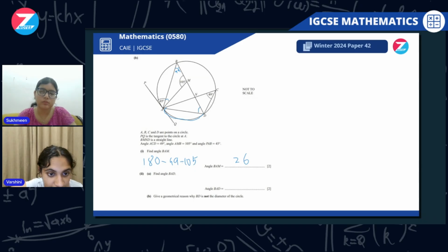So we know that this angle is also going to equal 45, and they want us to find BAD, which is this angle.